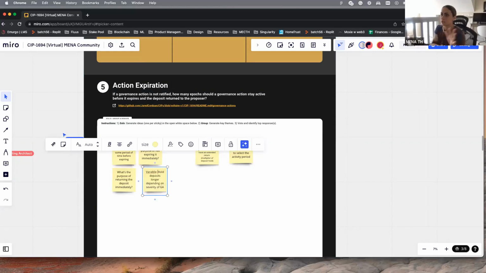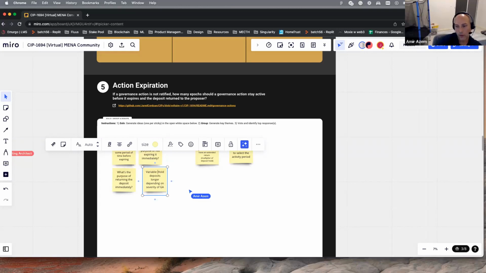So I just said it should be variable depending on the severity of the governance action, which is based on the quorum, whatever, hold their funds longer. If it was a stupid governance action, hold maybe just 1 epoch, that's fine. So this way there are consequences. Yeah, it's like a slashing, right?